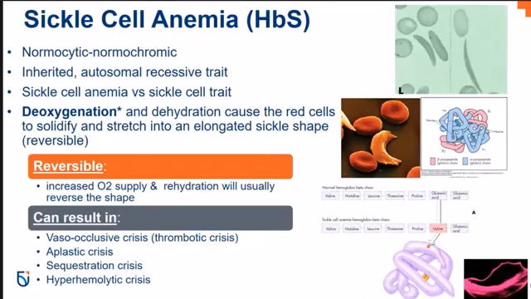The first one is vaso-occlusive crisis. Vaso-occlusive crisis begins when there's sickling of red blood cells in the microcirculation. So your microcirculation, we're talking about all those smaller blood vessels, experiences sickling of the red blood cells within it.